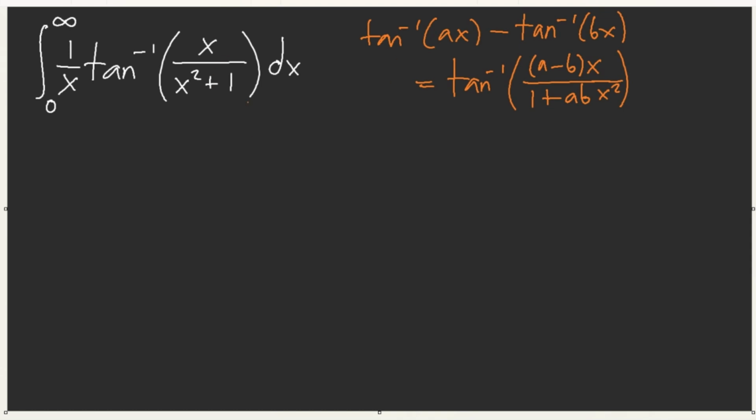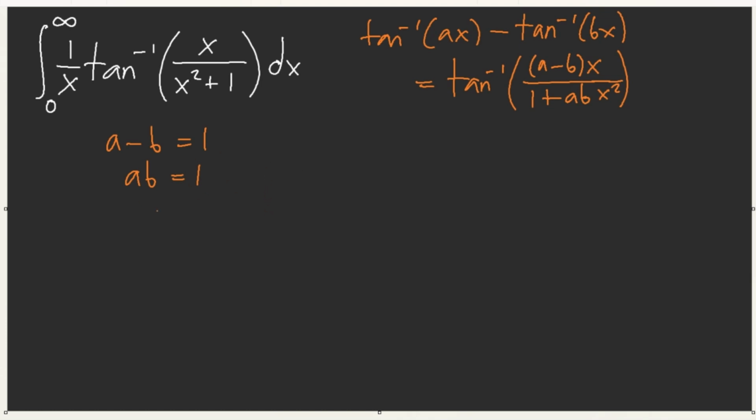Here we see that a minus b is equal to 1, and the coefficient for x squared is 1, so ab is equal to 1. Now we just have to solve for a and b.